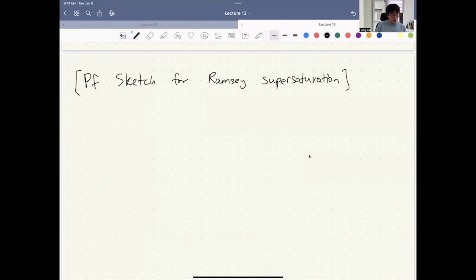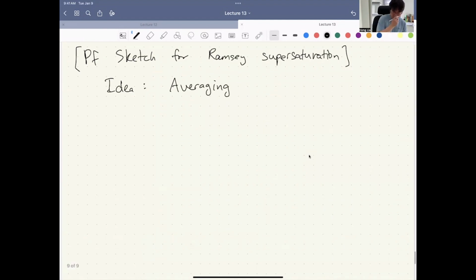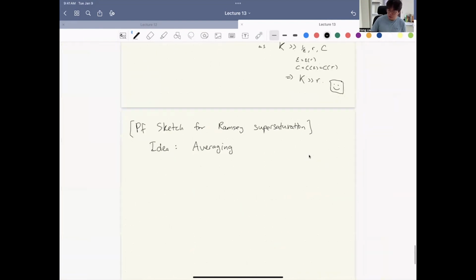So basically do averaging. We are given r, right? So let's look at the statement.